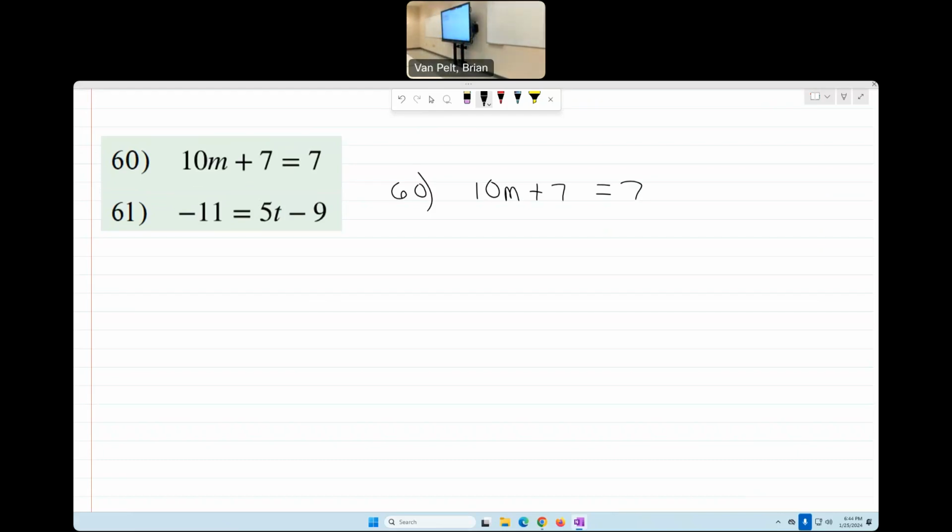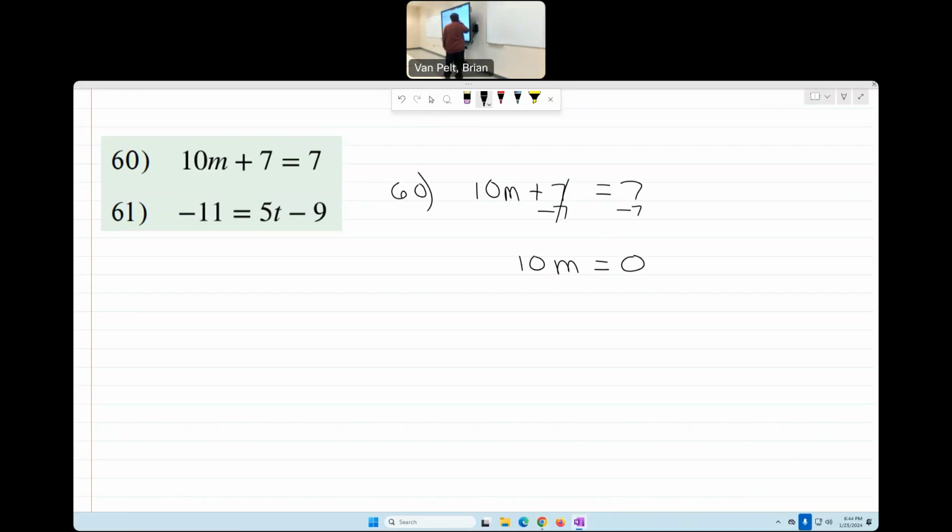Subtract 7. Because if you have plus 7, you want to undo it by subtracting it. So I'll put a -7 under here and a -7 under here. I'll leave a 10M on the left because these cancel away. What's 7 minus 7 equal to? 0.